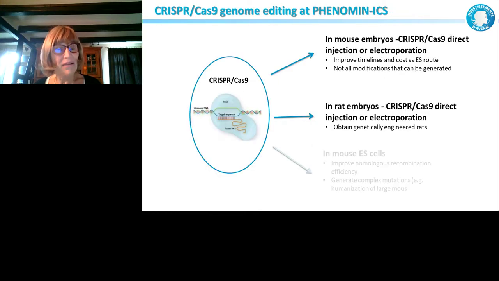Okay, at PHENOMIN-ICS, we are using CRISPR-Cas9 not only to generate mouse lines, but also to generate rat lines, because CRISPR works on everything.